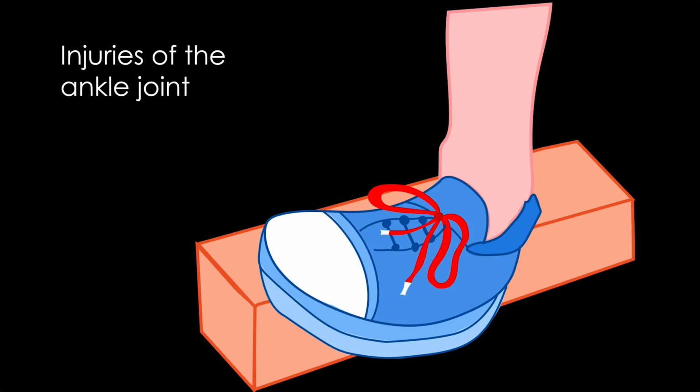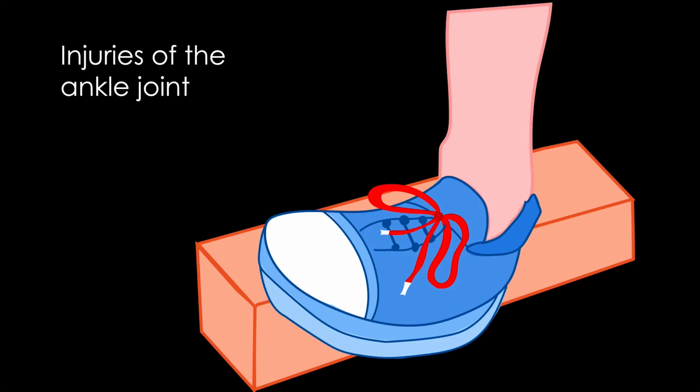Now the injuries occurring at the ankle joint: we all know when we are walking, we are vulnerable to these types of injuries, and the ankle joint is the most frequently injured joint during normal activities and sports related injuries. The position where we can have more instability is when our foot is plantar flexed.